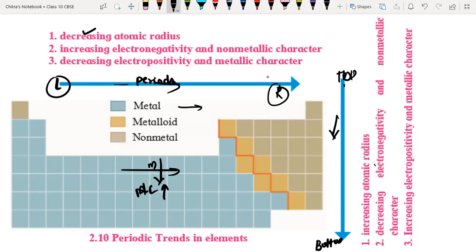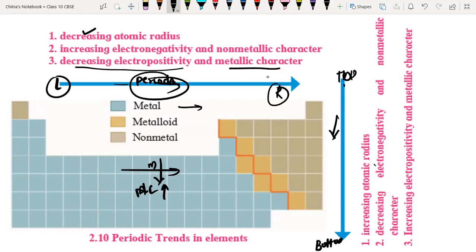Second point is done. Now the third point, decreasing electropositivity. If electropositivity decreases, that means metallic character decreases along the period.